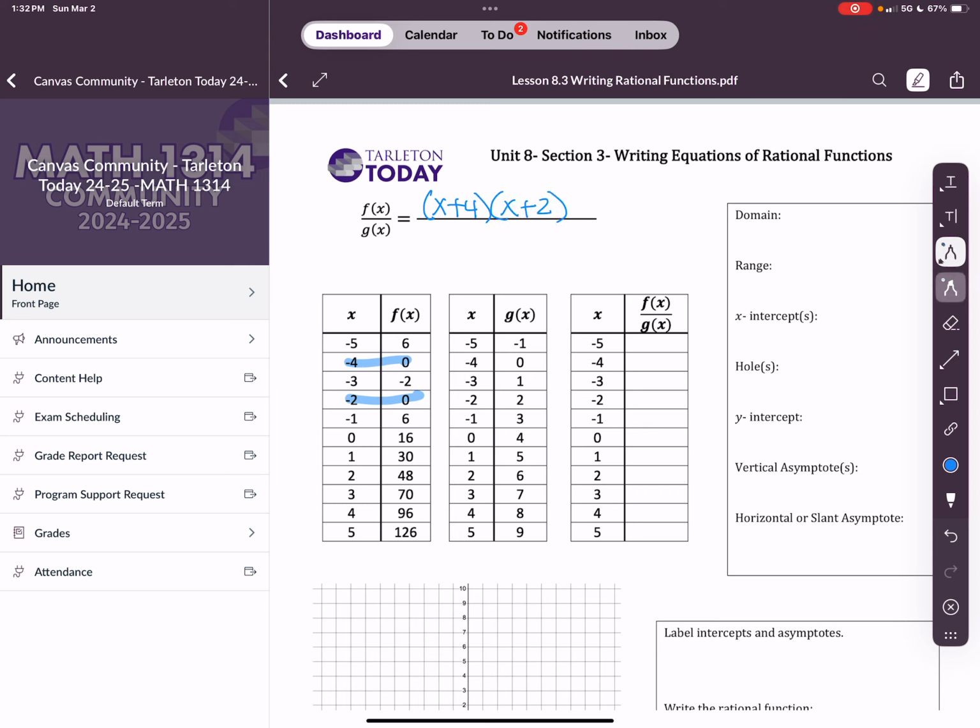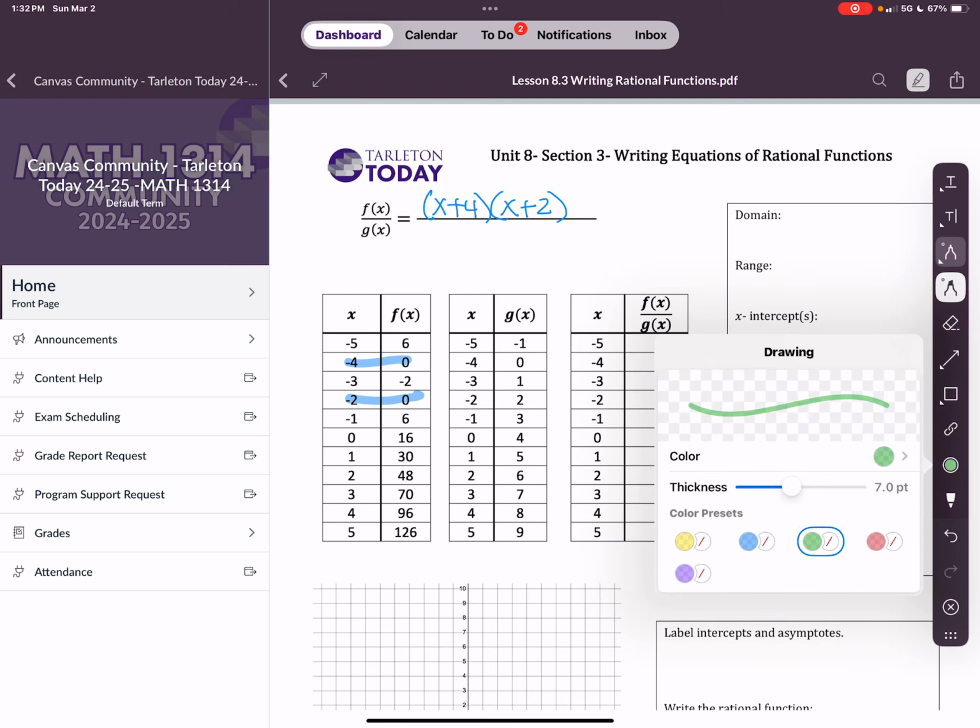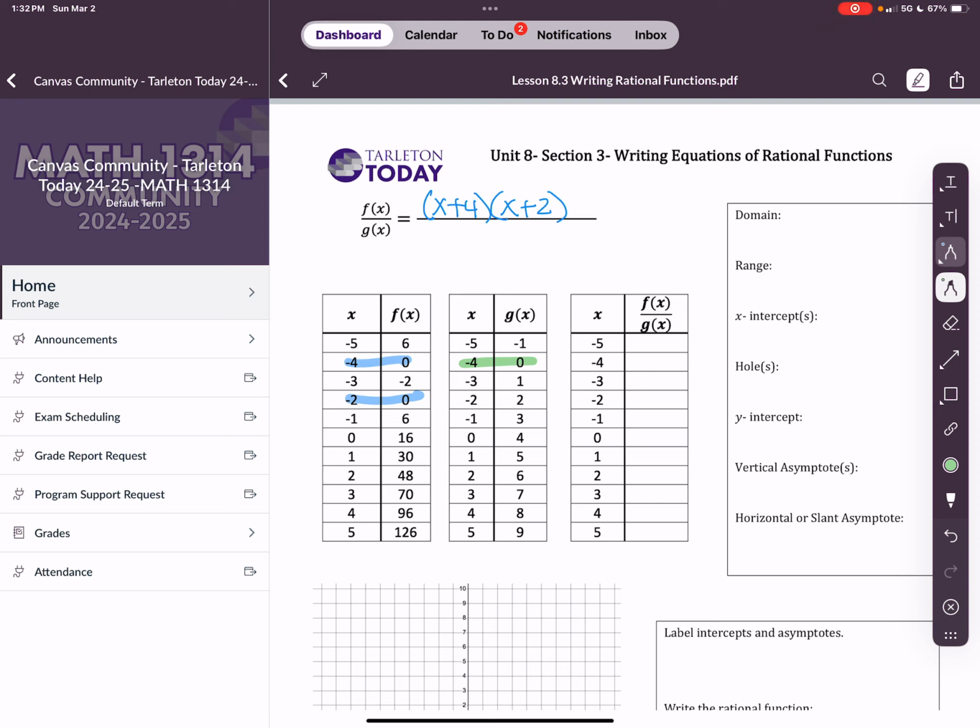Okay, well, then I need to go to g of x and see, well, what are my factors of g of x? So notice the only x-intercept I have on this one is negative 4. So that means that my g of x is just going to be x plus 4.